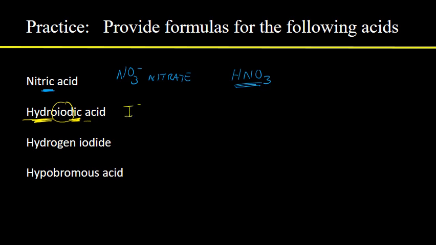Iodide is -1, so if we want to form an acid for that, we have to add enough hydrogens to balance out that charge. Since iodide is -1, we have to add 1 hydrogen to that. So that's our formula for hydroiodic acid, HI. And because it's a binary acid, we ought to include the state here to indicate that that's dissolved in water.